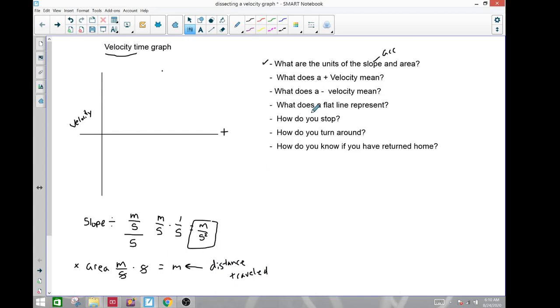Okay, what does a positive velocity mean? So that's anything that we're traveling in this direction. This is all the positives over here. This is all the negatives here. It's a little different than the position time graph. This really, again, is looking at just traveling down a line.